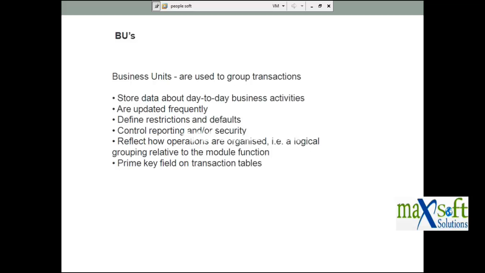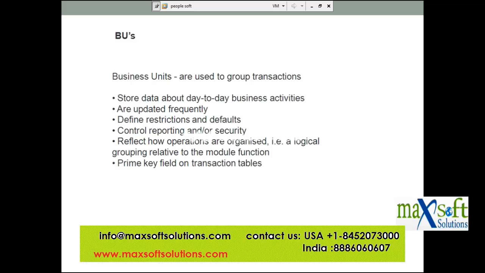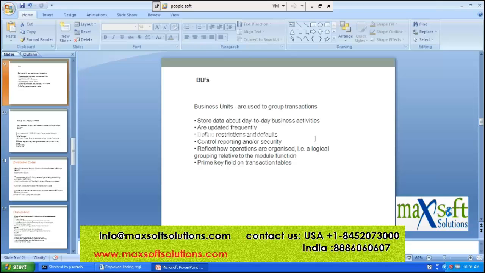On a high level, on the database level, we can call it a primary key to all the tables. With the help of business units only, we are able to identify and fetch the data, and access the database belonging to every business unit. For example, you want to access the business unit information belonging to the financial activities.